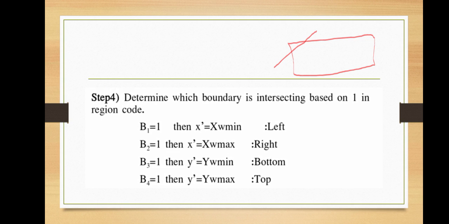You will understand that calculation at that time. So remember, if the first bit is 1, consider x dash equal to xw min and put that value into the formula. If b3 is 1, then y dash is equal to yw minimum.